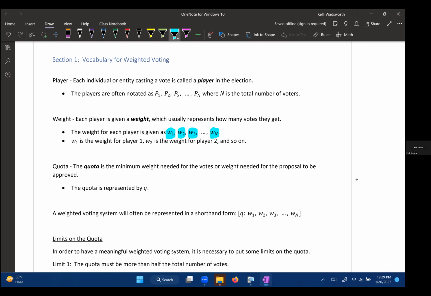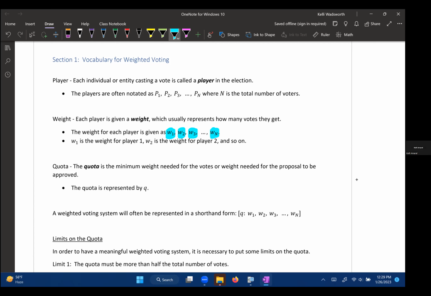Notice n is general. However many players you have, say there are n of them, then P sub n would be player n, and W sub n would be the weight of player n. When you have a specific voting system, n will be a number. Maybe you have 10 voters in your system, then n is 10, so you'd have 10 weights and 10 players.